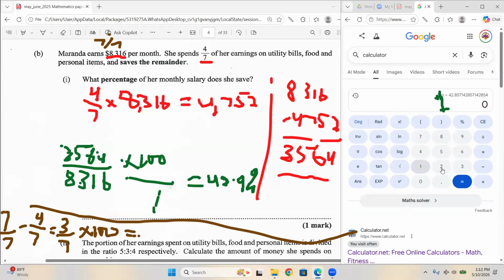So the 3/7 represents the fraction of her money that remained, multiplied by 100, and that gives us the same 42.85. If you round it, we get 42.9, or if you round it to a whole number, you would have gotten 43%.